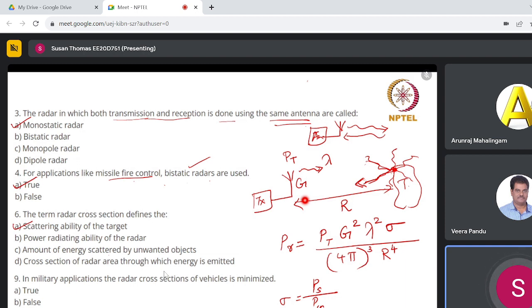As I said before, it is the ratio of scattered power in one direction to the incident power on the target.